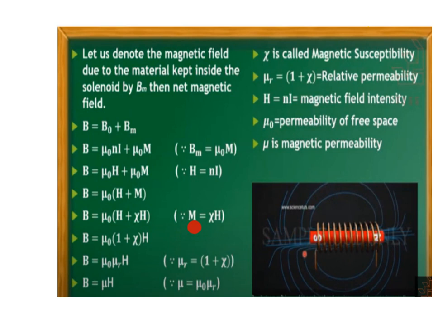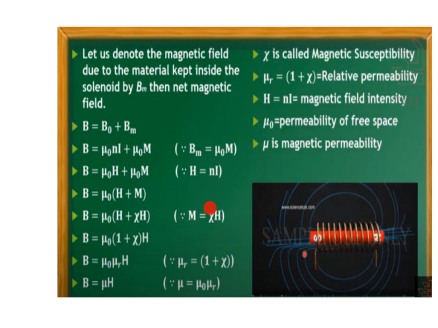If the magnetization is not strong, then the magnetization M induced in the material is proportional to the magnetic field intensity. That is M is equal to chi into H. H is the magnetic field intensity.